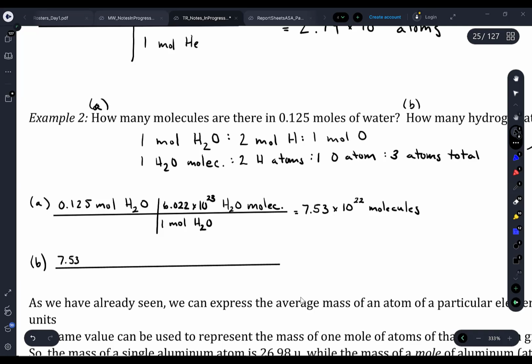So if I've got 7.53 times 10 to the 22 H2O molecules, as we see here, every one H2O molecule has 2 hydrogen atoms.